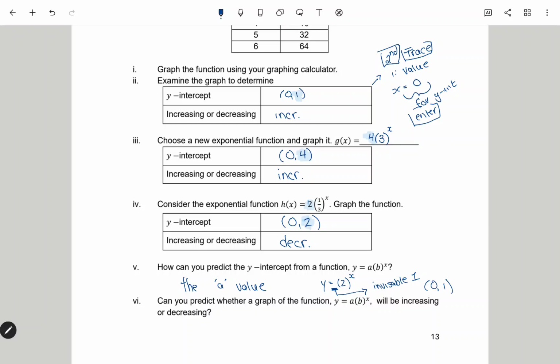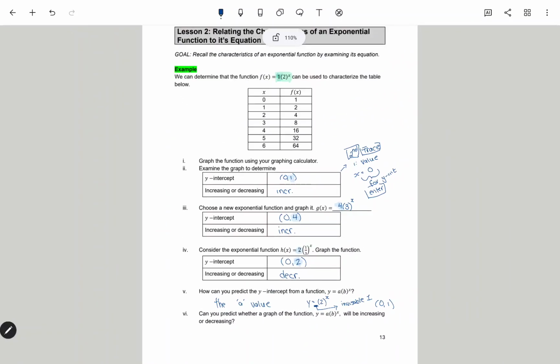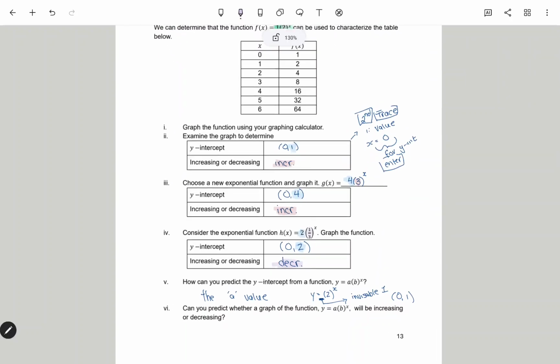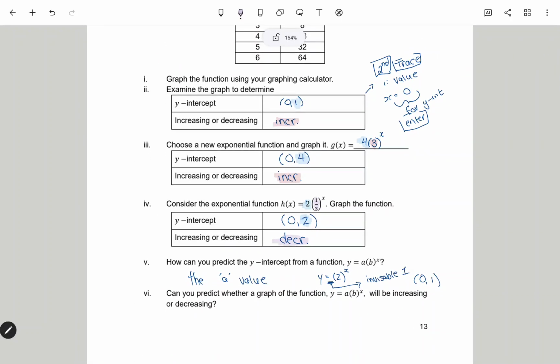And that wants us to see if we can predict whether a graph is increasing or decreasing just based on the function. Well, we had 2 cases when we were increasing. I was increasing with this function here, and I was increasing with this function here. But we were decreasing with this function. So as you can see, we need to look at our b value in order to determine if we were increasing or decreasing.